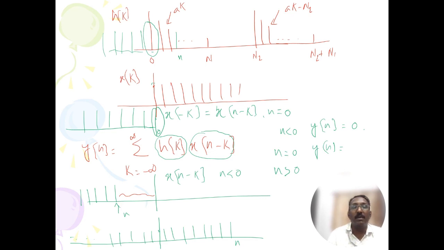Whatever the n value, the overlap portion is always between 0 to n. Because the impulse response is split into two different intervals, 0 to n1 and n2 to n2 plus n1, first we will consider the first overlap portion.